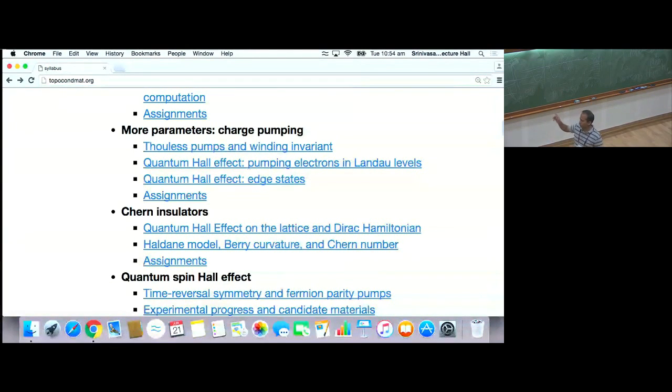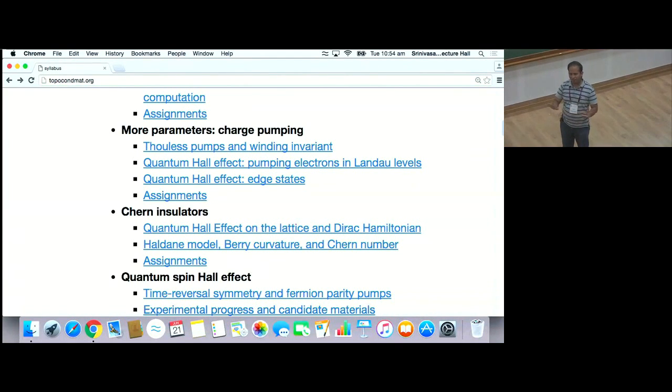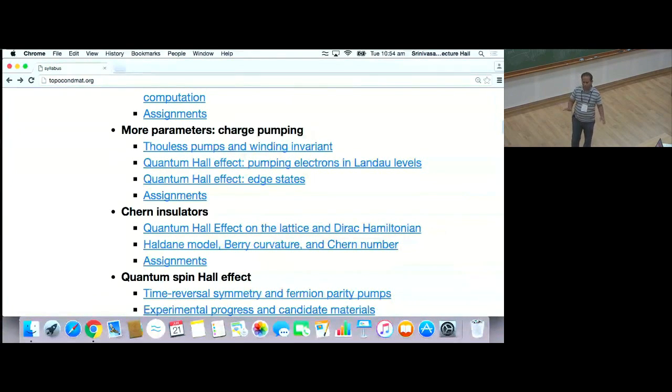Which gives the real criterion for the quantization of the Hall conductance: there are no delocalized states in the bulk of the material. Everything is localized, and so there's no longitudinal transfer.